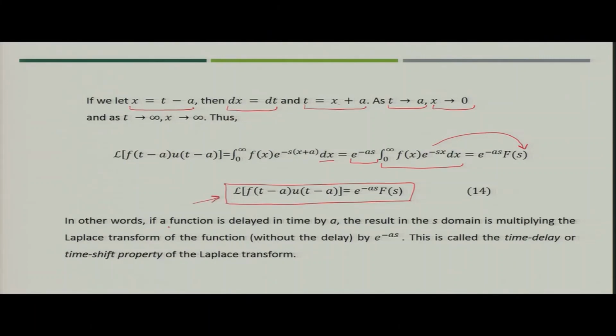So, that means that if a function is delayed in time by a, the result in the s domain is multiplying the Laplace transform of the function without a delay by e to the power minus a s.